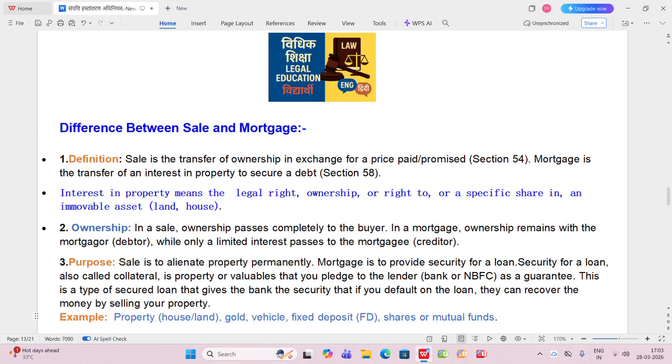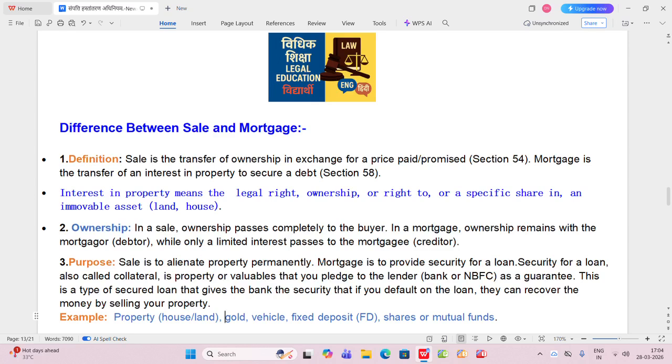It means whenever you mortgage a house for a loan, you have to give something as security, and then the loan becomes secured. If you are not able to pay the money you have taken from the bank, the bank can recover the money by selling your property.